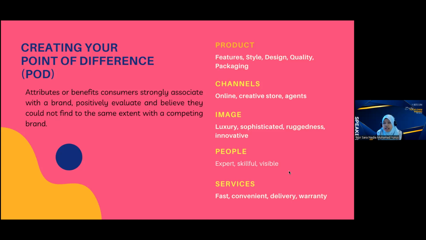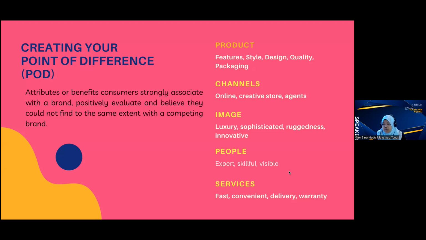Okay. Other than product and channels, we can also utilize image, in terms of we can embed the element of luxury to our product, sophisticated, ruggedness, or the image of innovative. Boleh juga. Apple, they use image of innovation, okay, to their product as their point of difference.